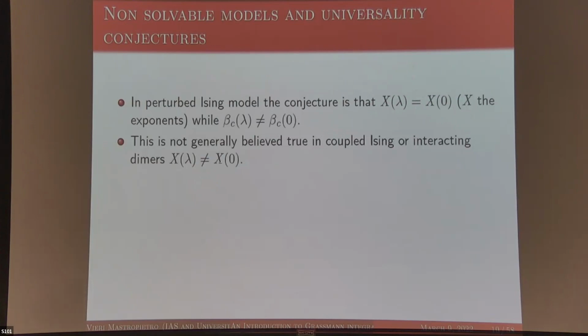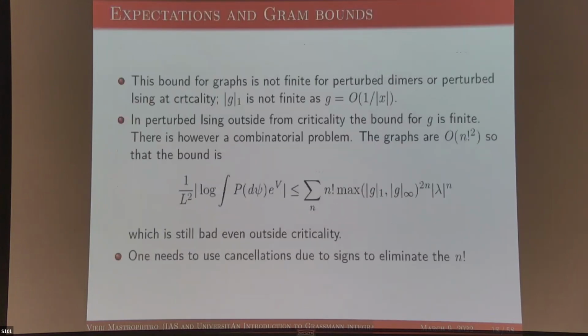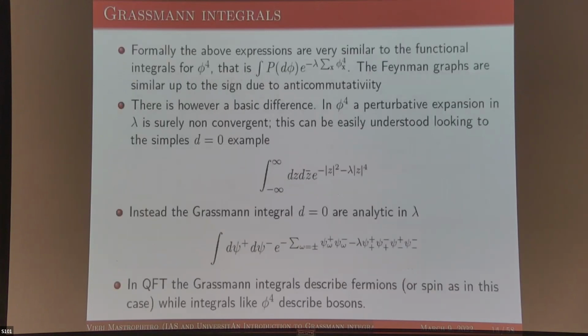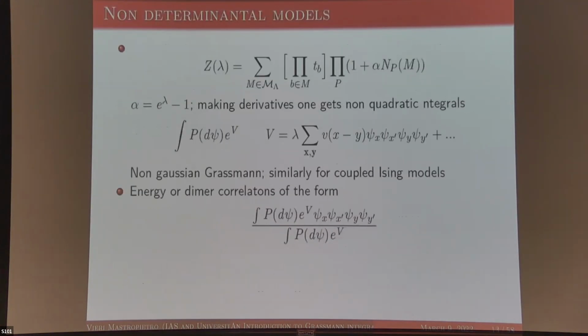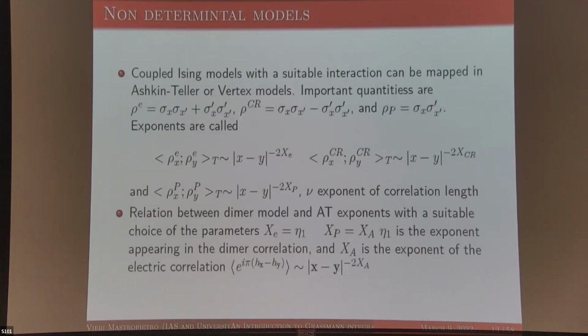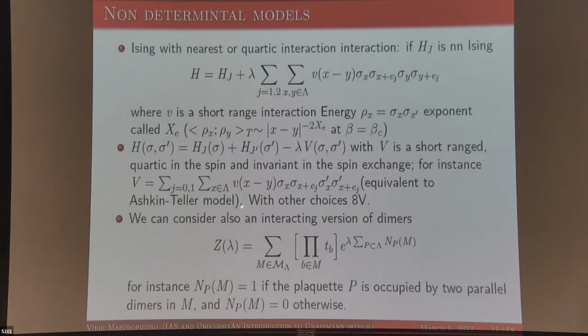This was clear because Baxter solved the 8-vertex model and was able to compute the exponents, and the exponent was a fraction. But this is a very particular coupling. There's a four-body coupling between the two Ising models. Yes, they have to have a special symmetry. Yes, of course you need it, otherwise you're in the same universality.